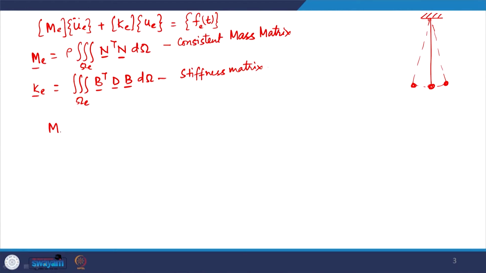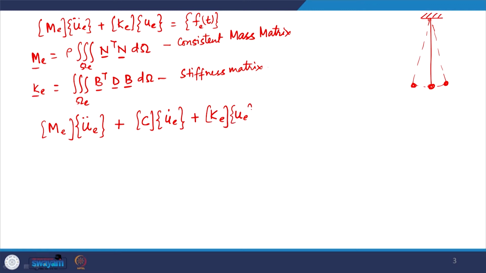So, when we do that, we have a very interesting expression. So, this is mass multiplied by acceleration. Then we can have some velocity proportional damping, and then displacement proportional elastic restoring forces, and then the nodal equivalent of forces.